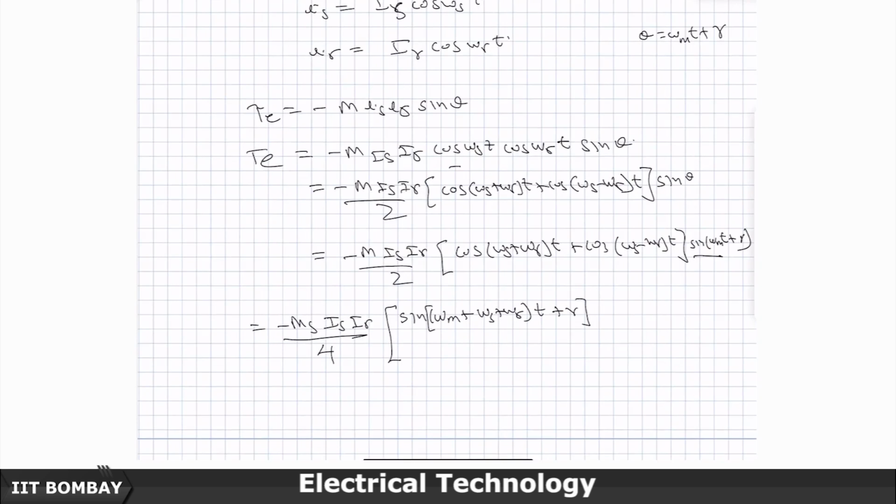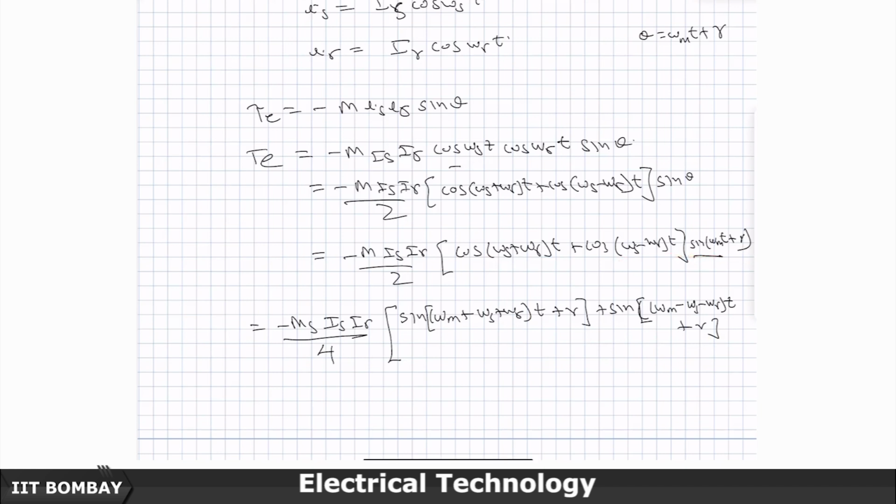So, this becomes sin of A plus B plus sin of A minus B. So, I will directly now write it as omega_m minus omega_s minus omega_r of t plus gamma. You can see this here, right? This is A, this is B, and this is A minus B. You see that? Okay.